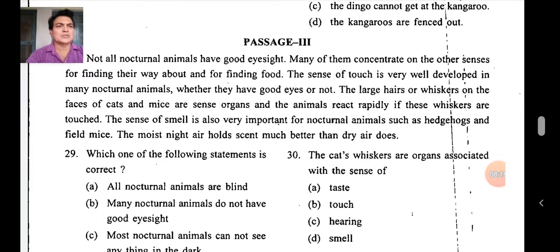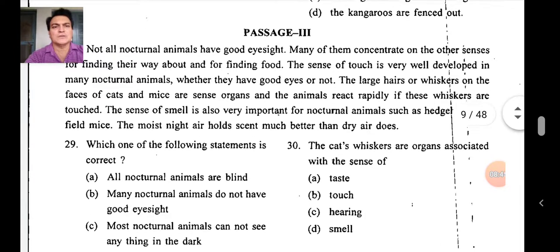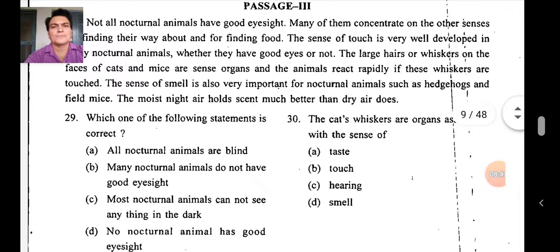The large hairs or whiskers on the faces of cats and mice are sense organs, and the animals react rapidly if these whiskers are touched. The sense of smell is also very important for nocturnal animals such as hedgehogs and field mice. The moist night air holds scent much better than dry air does. So let's go to the questions.